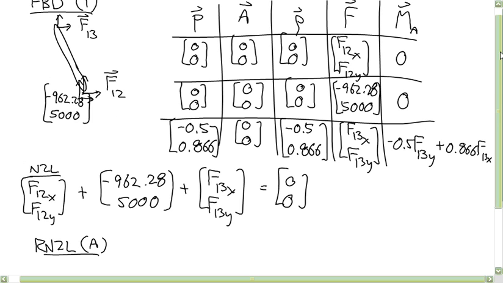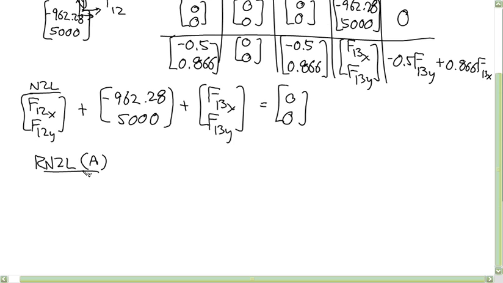And then we have 0.866 F13x minus 0.5 F13y is equal to 0.